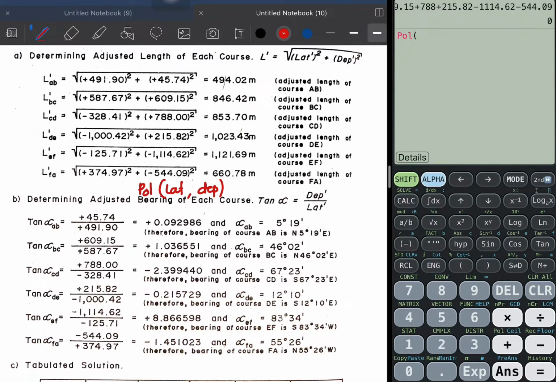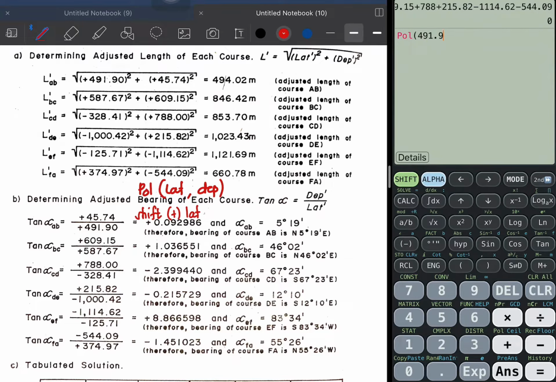In my case, that is shift plus, and then type the latitude.